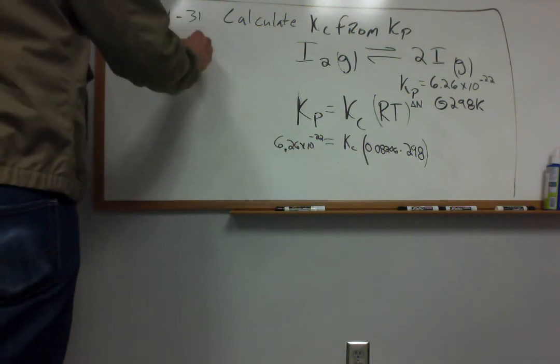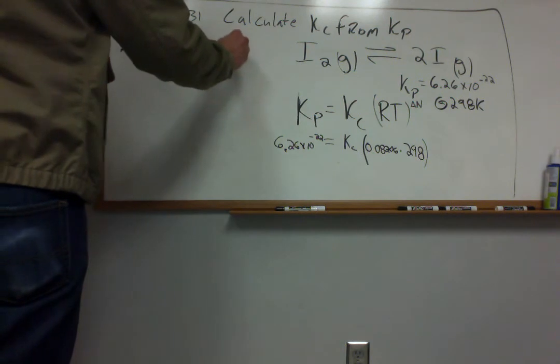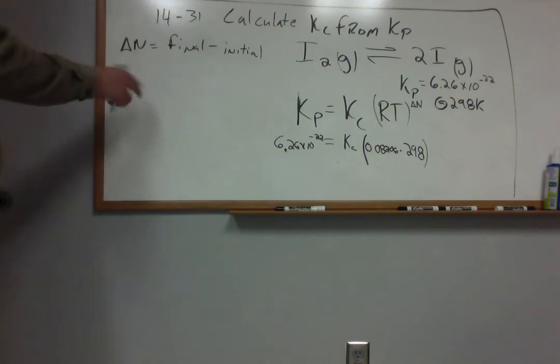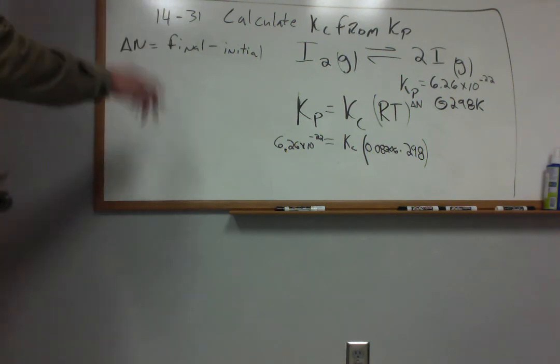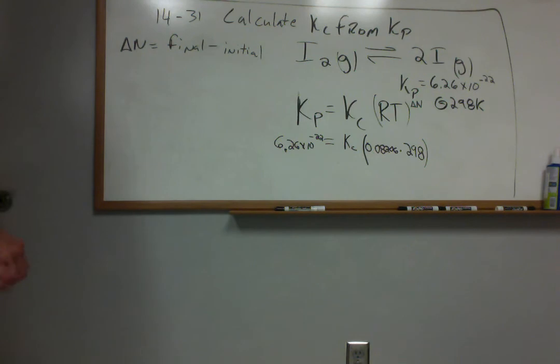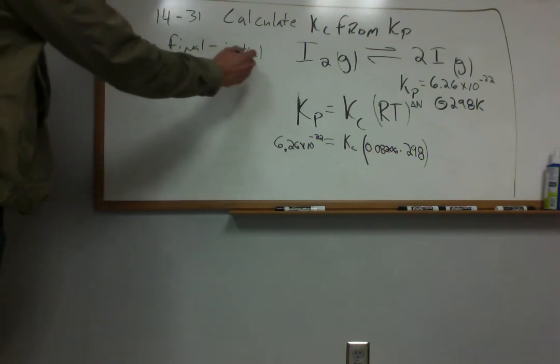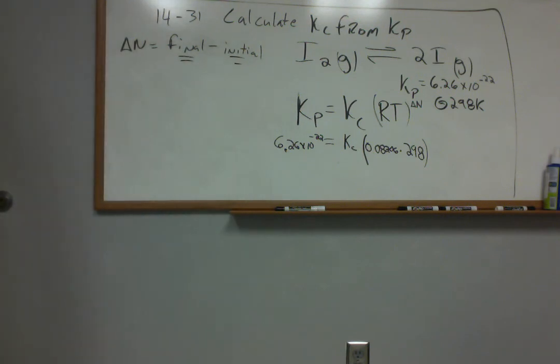Well, generally in chemistry, when you're computing delta something, it's the change in some variable. Here it's the change in number of moles of gas over the course of the reaction as read from left to right. So that basically breaks down into taking a final measurement and subtracting an initial value. And that defines the change, final minus initial, final minus initial.